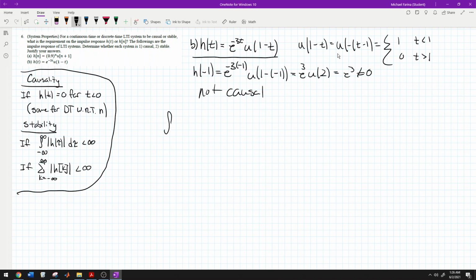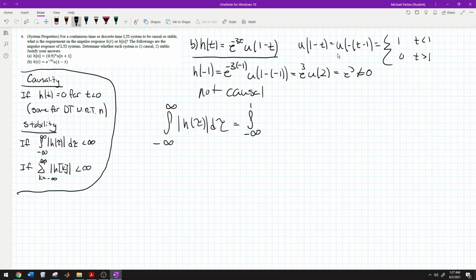So we need the integral from negative infinity to infinity of h of tau d tau, and we can simplify our bounds because we know when it turns off. That's going to be going from negative infinity to 1.